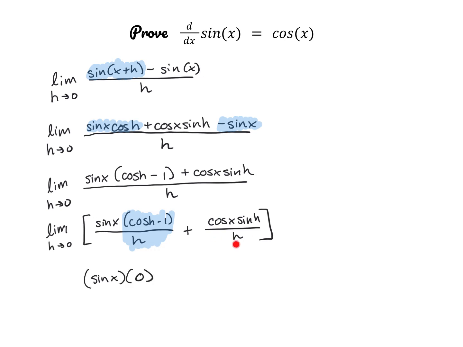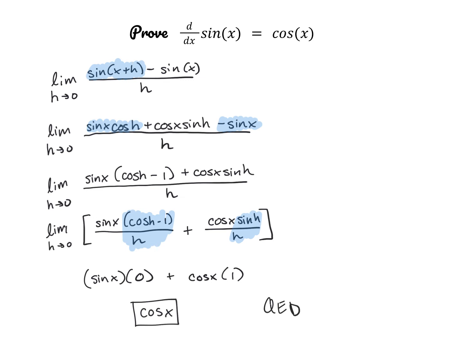And then if we look over here, we're left with the cosine of x, this portion, and then we know that this limit is also a definition from our first slide. This will equal 1. So we have the cosine of x times 1, and of course the first term will just equal 0, and what we're left with is the cosine of x. So we have just proved our derivative rule for sine.